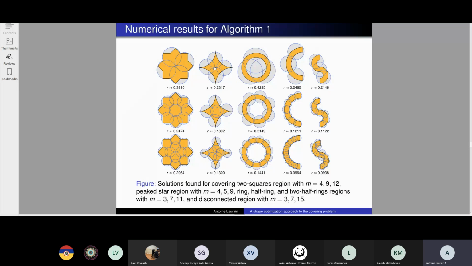Here the case of the peaked star is more difficult, and you can see that it's very difficult to cover the peak of the star because these regions are very thin. So from the point of view of the cost function, which is a function of area, this function doesn't see these regions because they are really thin. So it's almost like a set of zero measure. So you really need a very fine discretization of the sets to get a good covering of these regions. Okay.